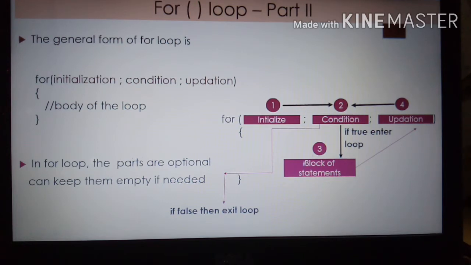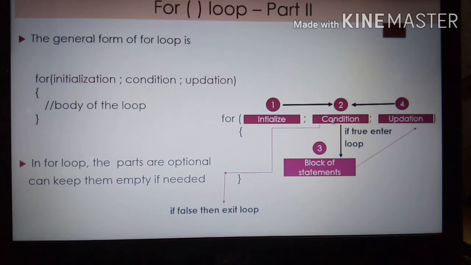After executing these statements, we go to the updation statement. After updating the loop variables, we again come to the condition statement. If the condition is true, we again enter into the loop. Otherwise, if the condition is false, we directly exit from the loop.